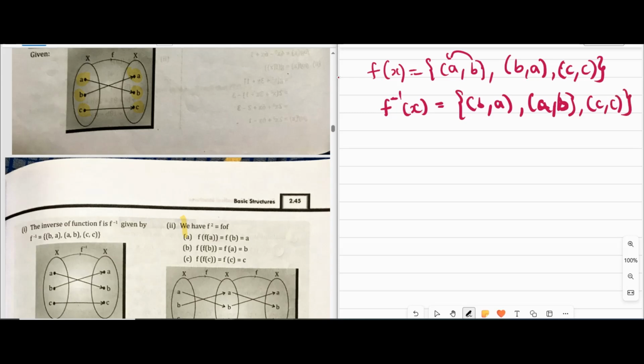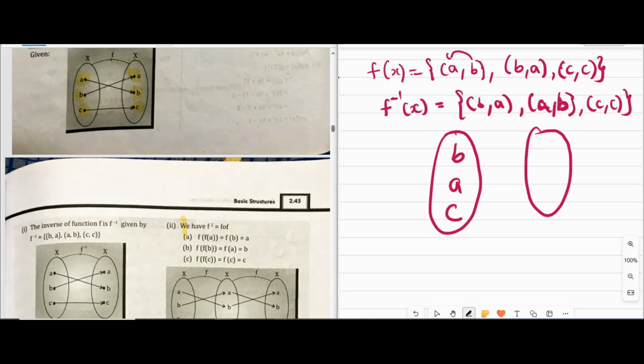We'll just write it in reverse order. If you want you can draw. So this is the function and the inverse function.